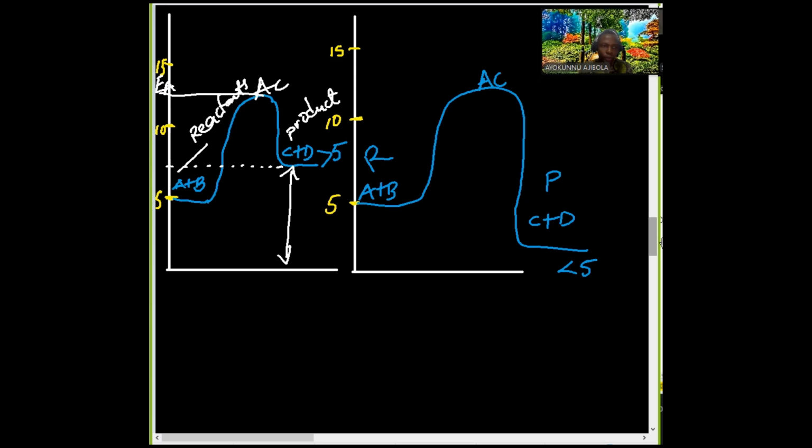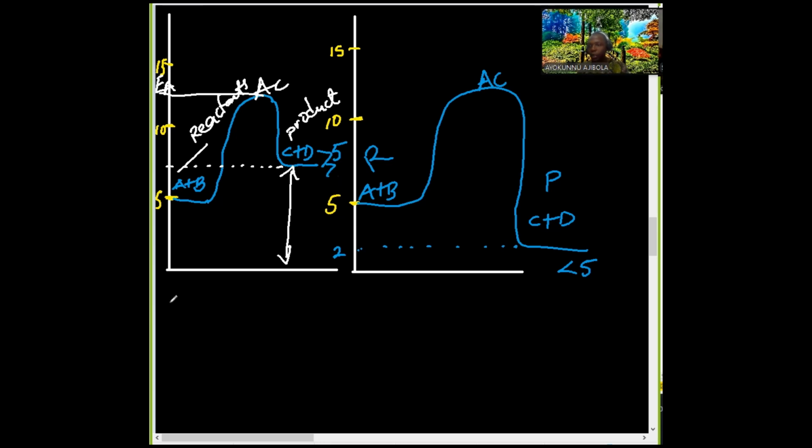Okay, so if energy is going to be released, it will be released from the one that ended with less than 5, okay? Because let's assume this is something like 2 and this is something like 7.